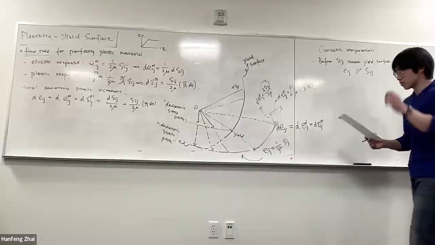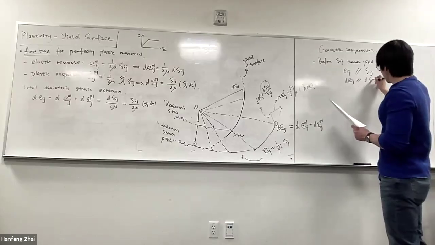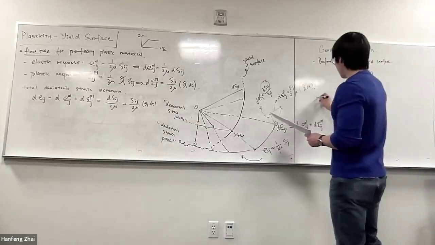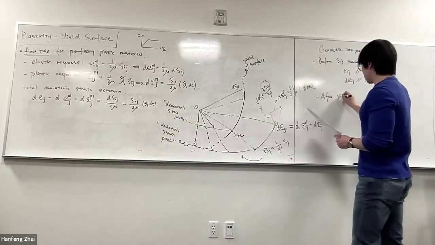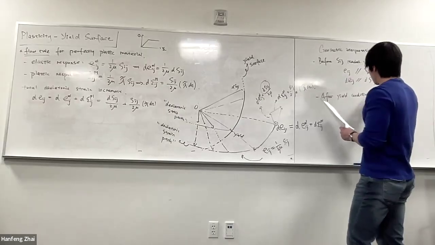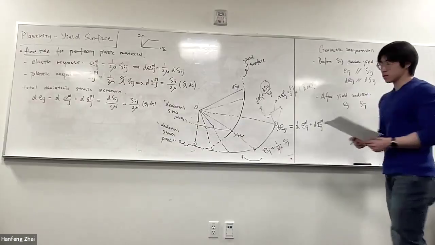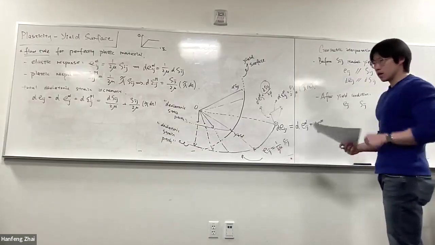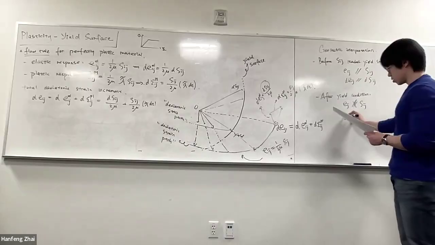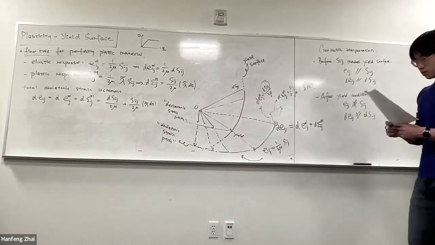Because it's pure elastic deformation. And correspondingly, de_ij is also parallel with ds_ij, the increment. But after you reach the yield condition, e_ij is no longer parallel with S_ij, right? Because there will be plastic strain being generated. So it's no longer parallel. And similarly, de_ij and ds_ij are no longer parallel with each other.